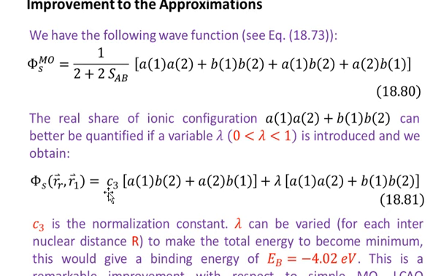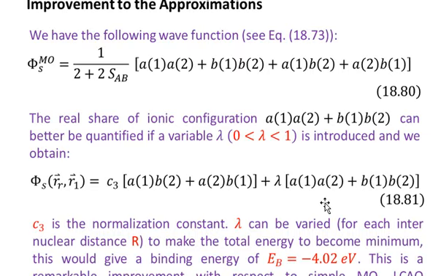So we have C3, and then we have the square bracket containing A of 1, B of 2 plus A of 2 and B of 1. You know that these two terms are the terms which produce ionic contributions.